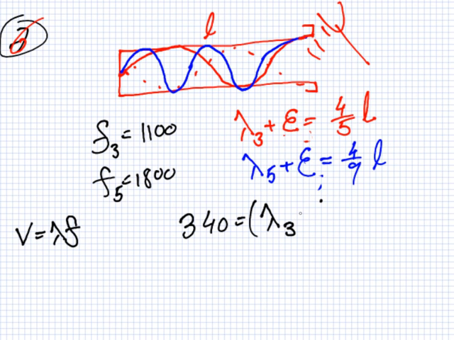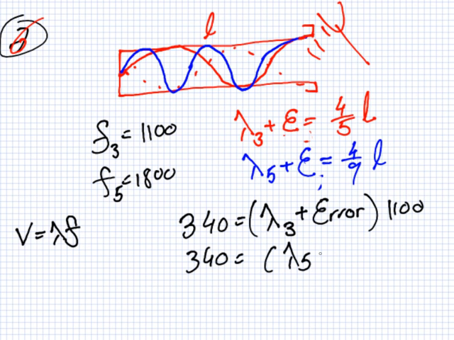There'll be an error on it, times F, 1100. And then here you can have 340 as well, equals lambda 5, but there's some error, times 1800.